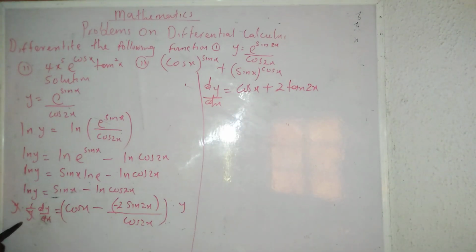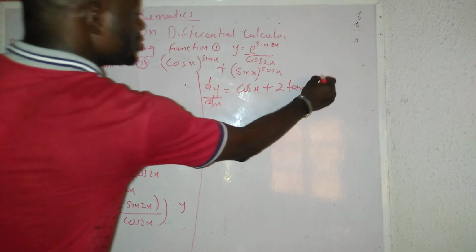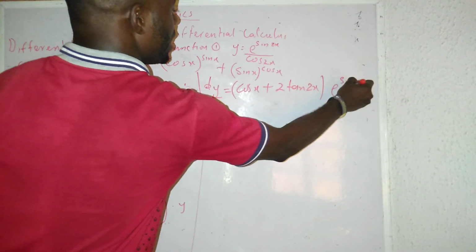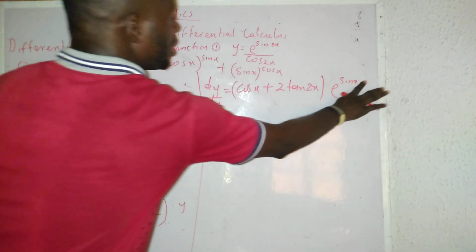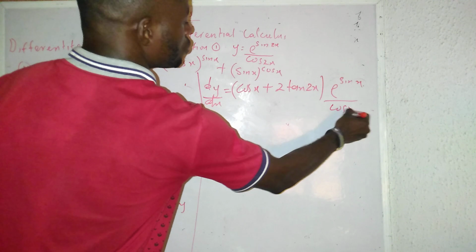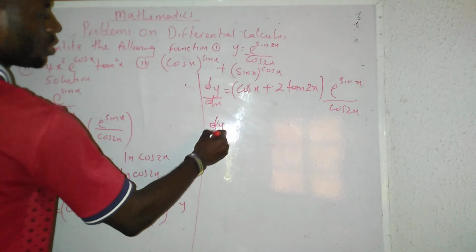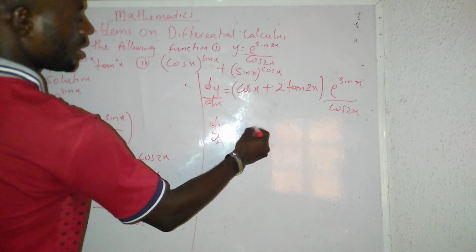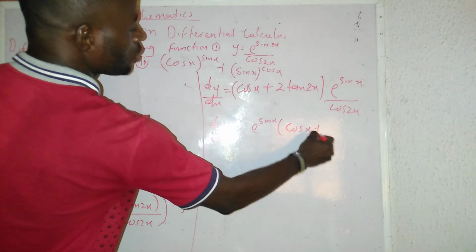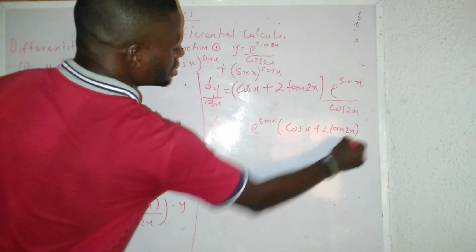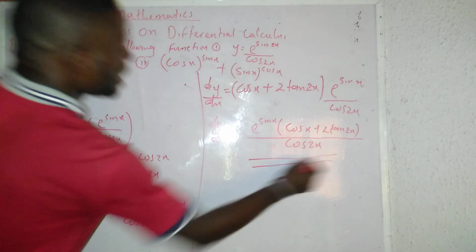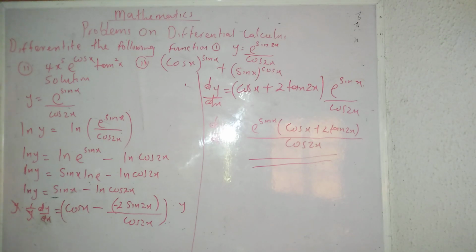My y is e raised to power sine x divided by cos 2x. I can now present my answer this way: dy dx equals e raised to sine x bracket of cos x plus 2 tan 2x, divided by cos 2x. That is my final answer, which is number 1.